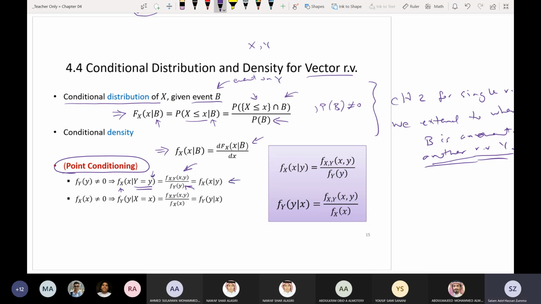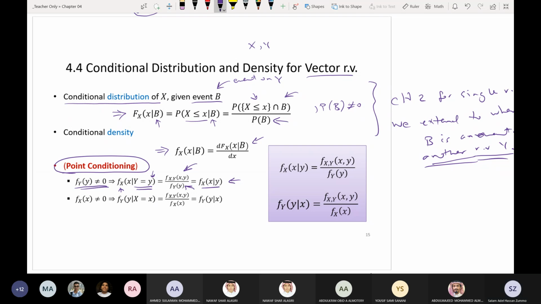This is written as f_X(x | y). This assumes that f_Y(y) is not zero. So it can happen; it's a possible event. You don't condition on an impossible event.